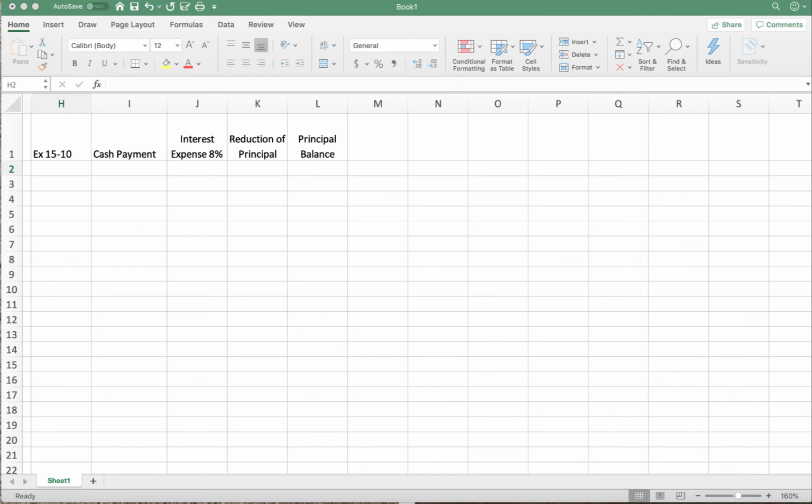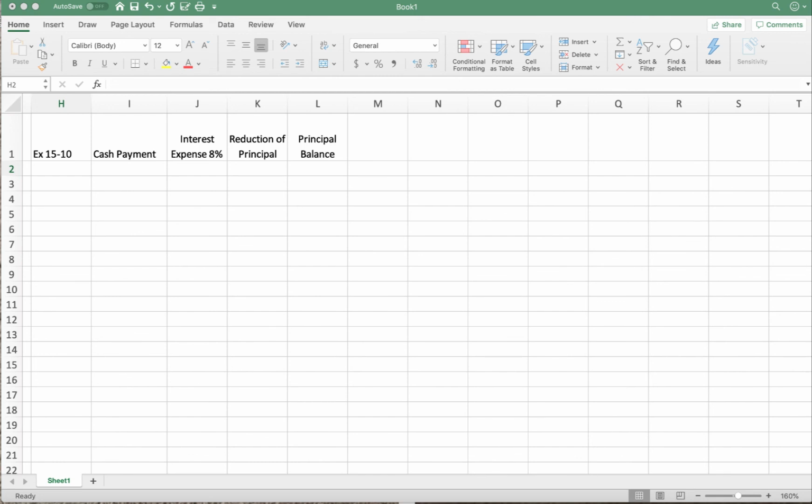The terms call for annual installment payments of $40,000 on December 31st. We need to prepare the journal entries to record the mortgage loan and the first two installment payments. We also need to indicate the amount of the mortgage notes payable to be reported as current liability and as a long-term liability at December 31st, 2017.